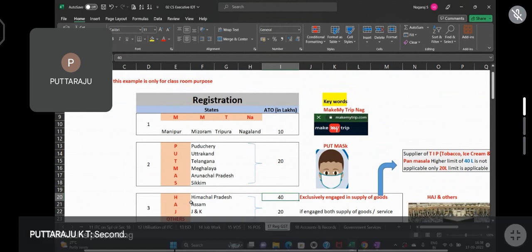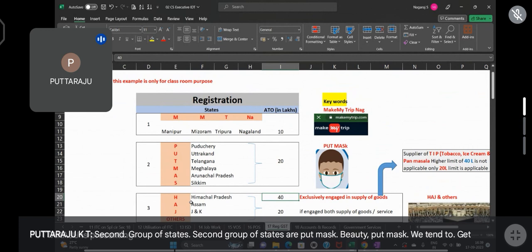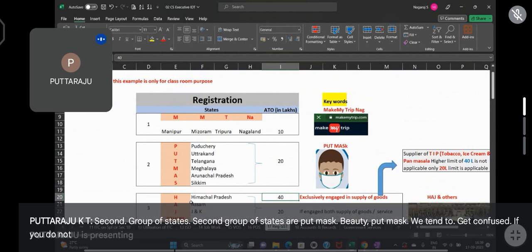The second group of states is PUT MASK. We tend to get confused if we do not understand the states properly.